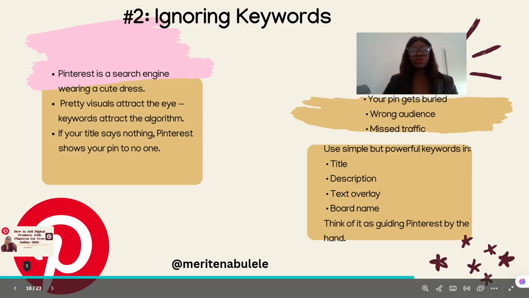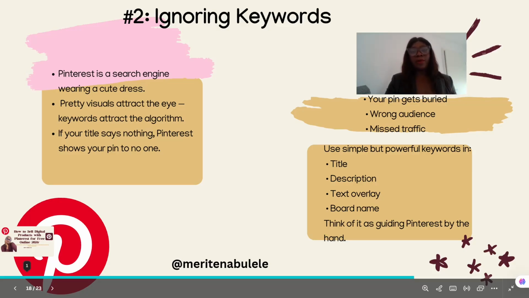Pinterest shows your pins to no one when you do not add your title, so it is really important to add it. Otherwise, your pins will get buried, you attract the wrong audience, and you miss traffic. So use your description, your text, your board name, use everything that you need.